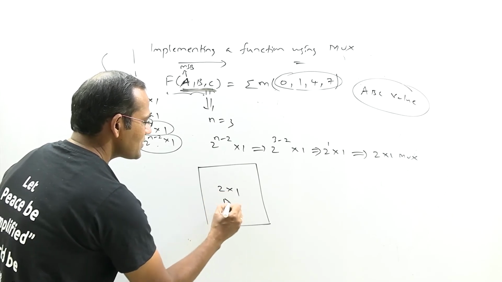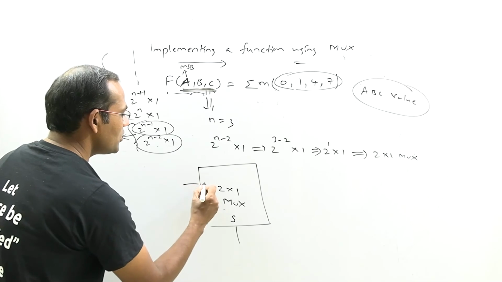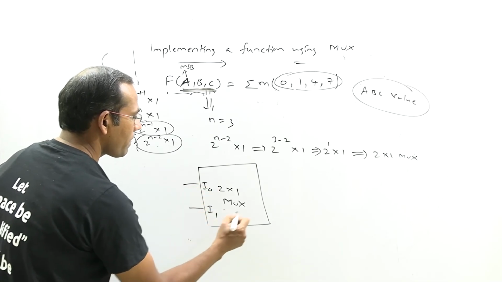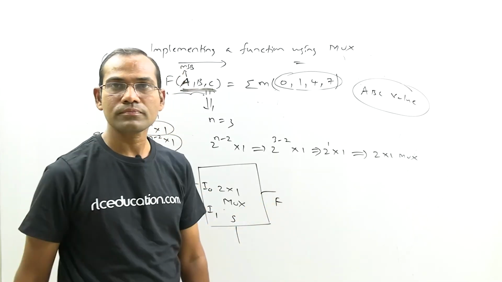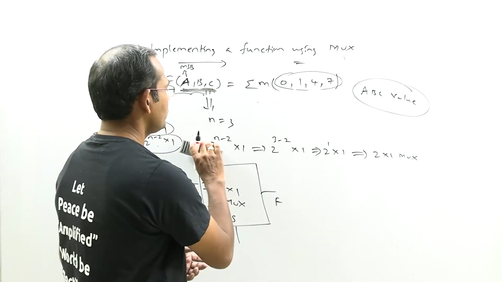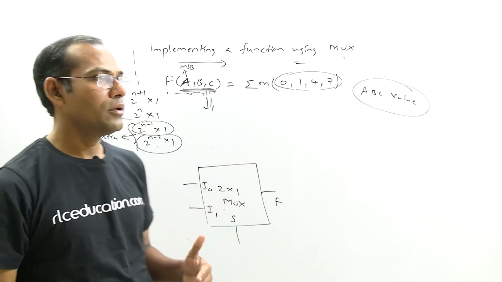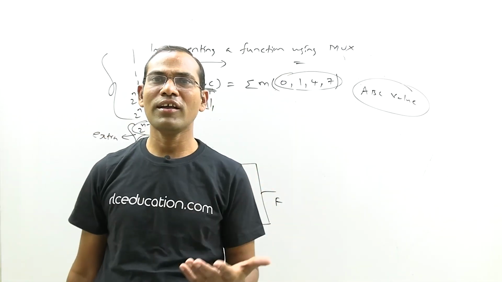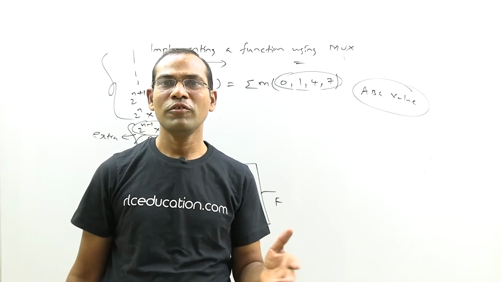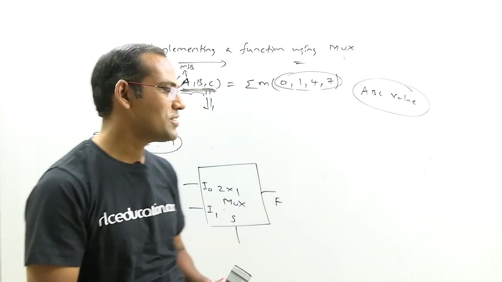Take a 2 by 1 mux. Only one selection will be there. Only two inputs. The procedure we followed for 4 by 1 is, we formed one table and we circled. Yes, follow the same procedure.